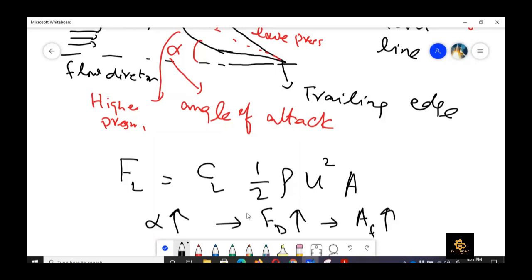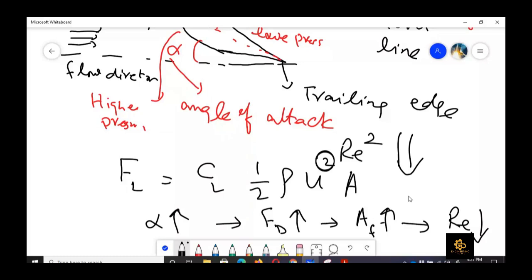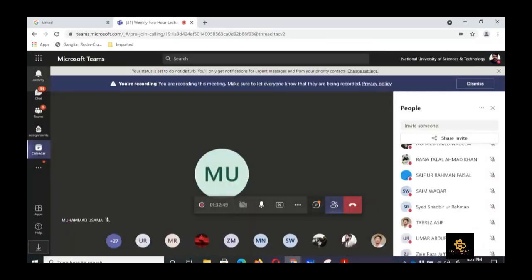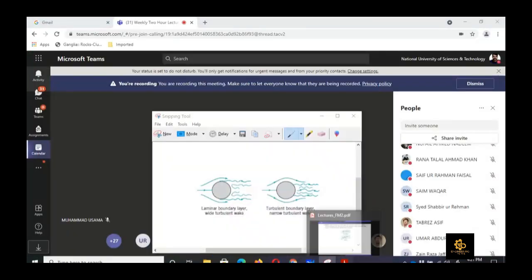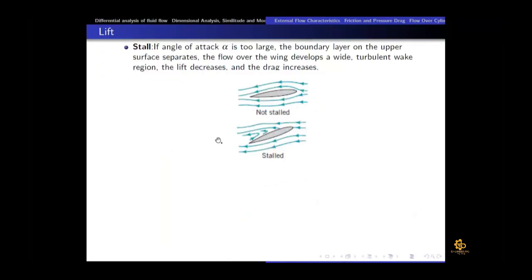Now, because this drag force is increasing, it means that velocity, and so Reynolds number, would decrease. When it decreases, because here it is velocity squared, lift force would decrease by a square. So if the pilot mistakenly makes it at a very high angle of attack, then there would be a condition of stall, and then the plane would come down in a vertical direction, and that is not very ideal to have.